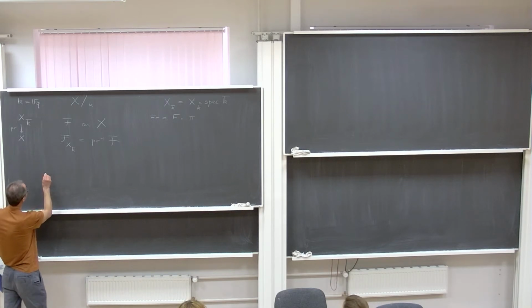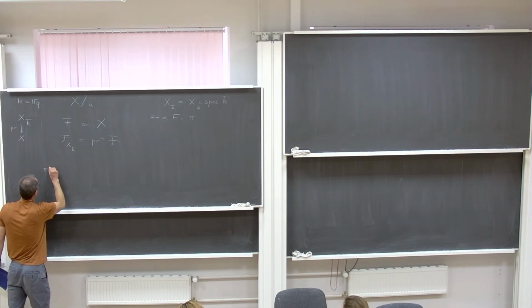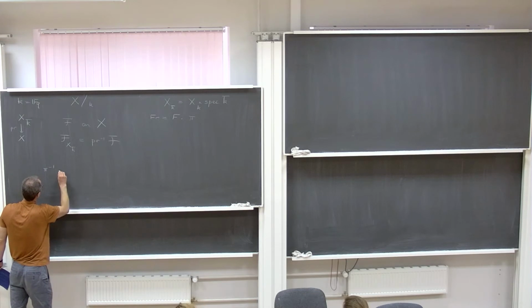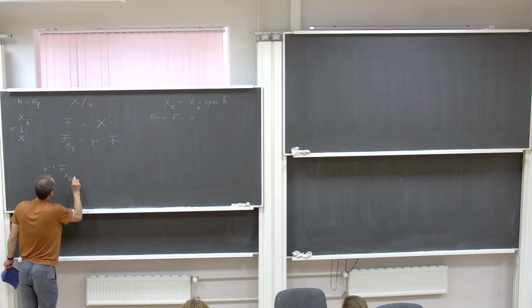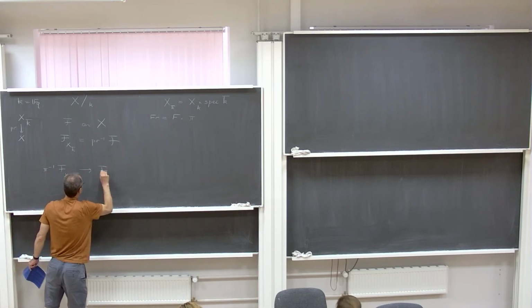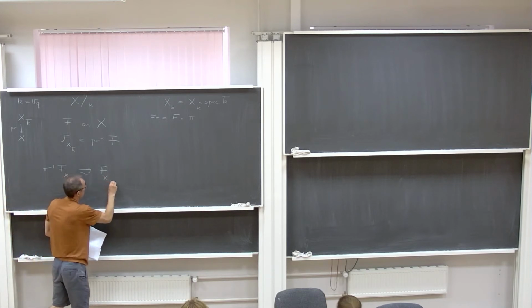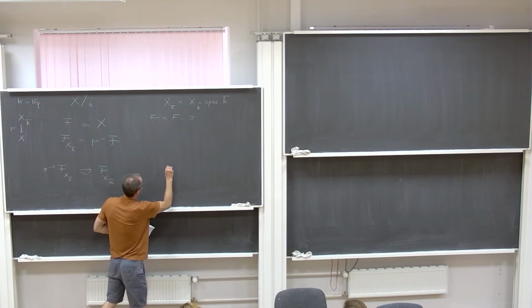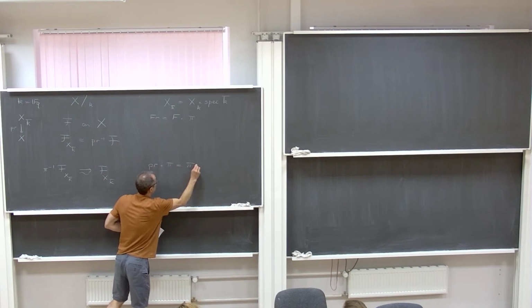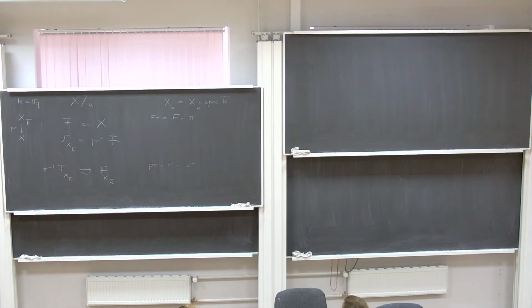Well, first of all, we have an isomorphism between pi inverse of this and f_X k bar. And that just follows from the fact that the composition of pi and projection is pi. So if you take any sheaf on X and pull it back, you get this property.